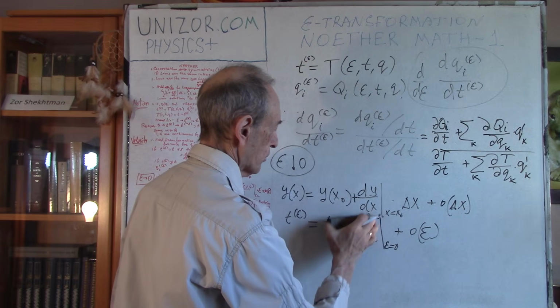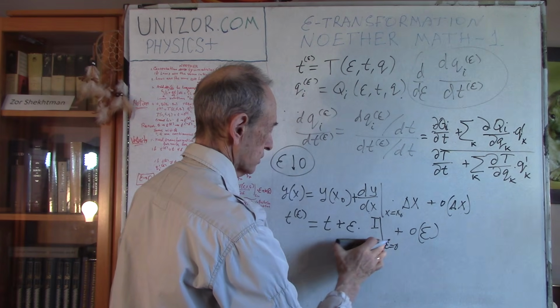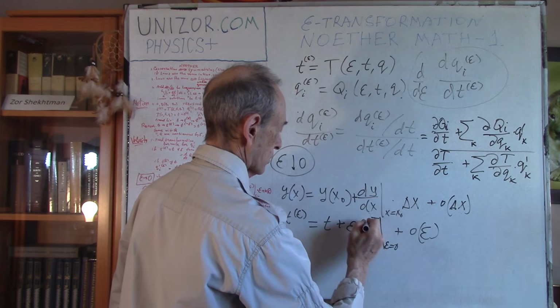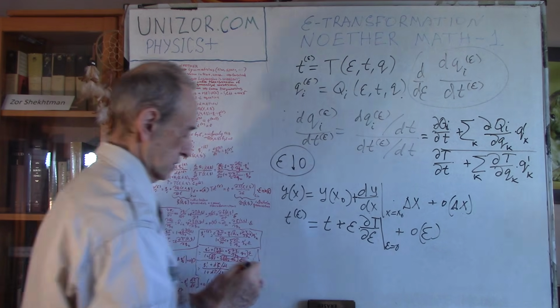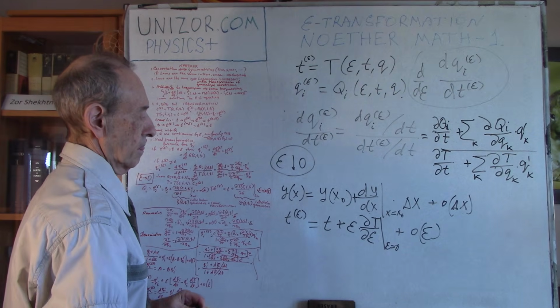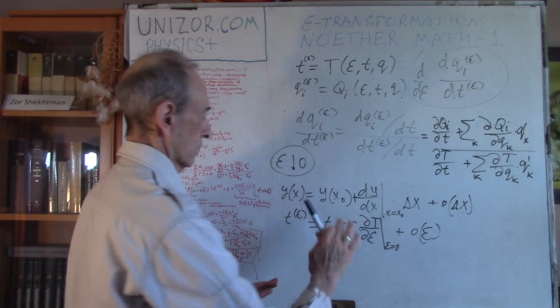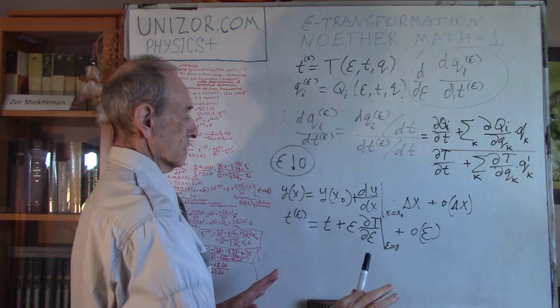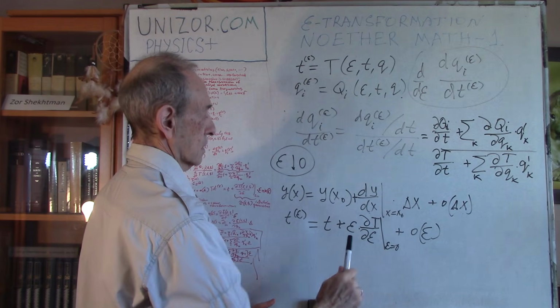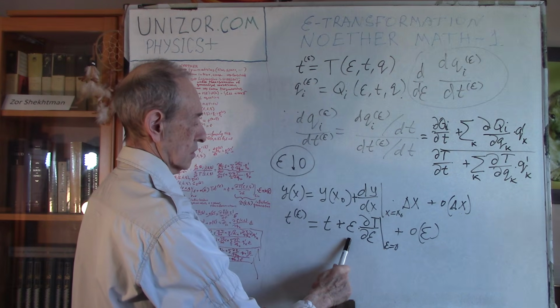Probably more appropriate would be a partial derivative, because we don't really need to differentiate by anything else here. So t and q are fixed, and only epsilon is changing.